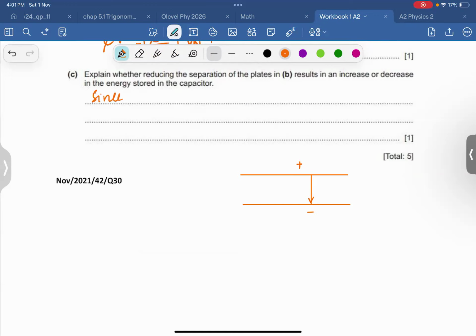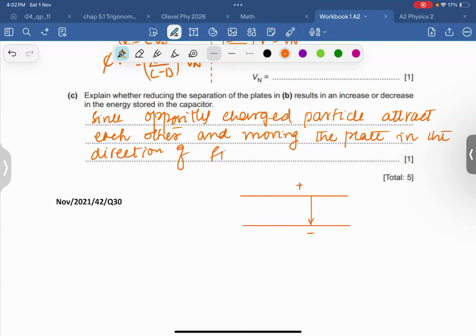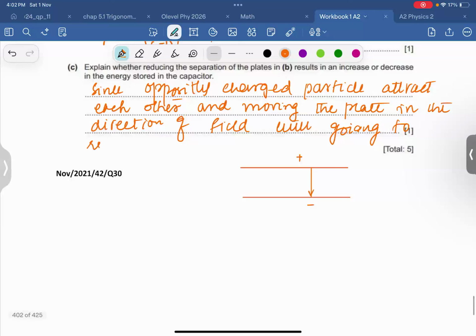Since charged particles attract each other, moving the plate in the direction of the field will reduce the energy, right?